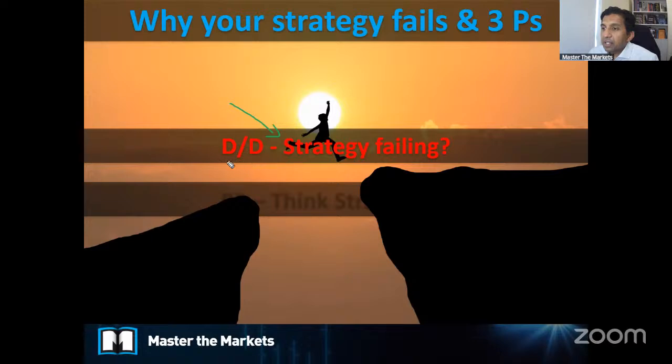But instead of thinking, when you're going through a drawdown, is the strategy failing, you're going to ask an important question, which brings us to principle number 3. The important question that you're going to ask yourself is what Ray Dalio asks. And for those of you who do not know Ray Dalio, he's the biggest hedge fund manager, with $160 billion in assets under management.